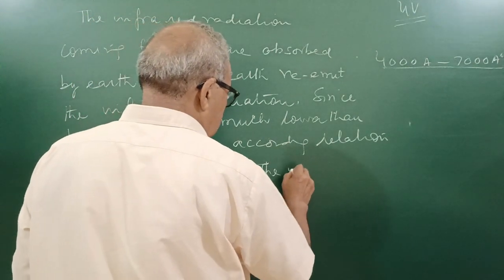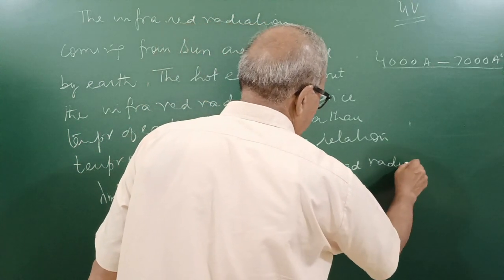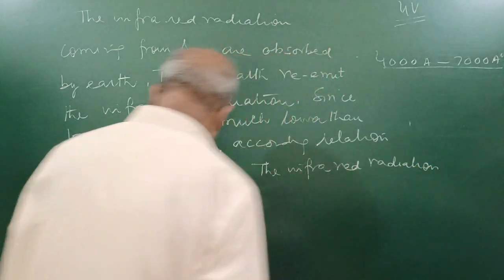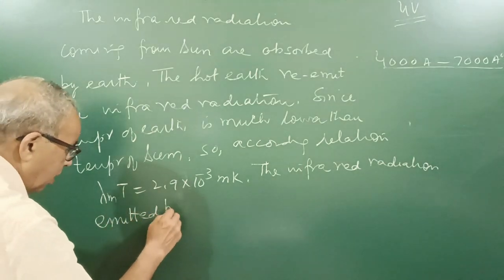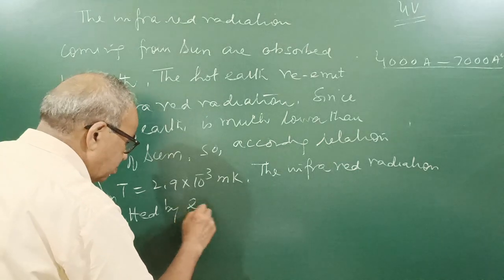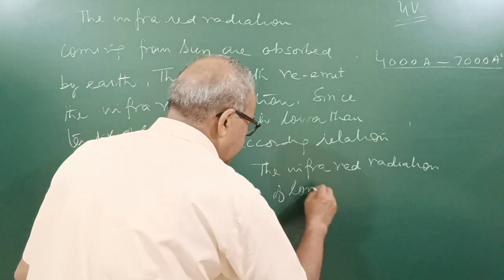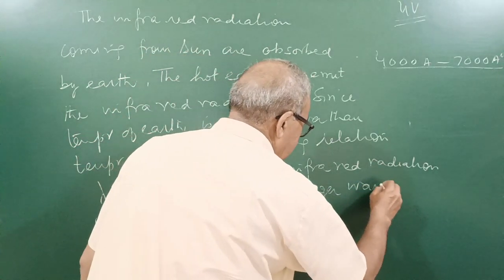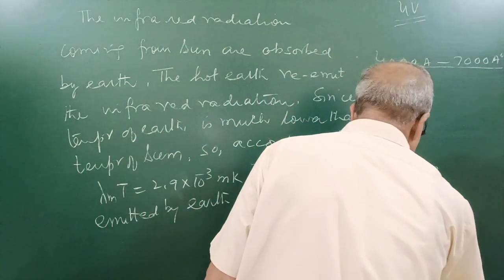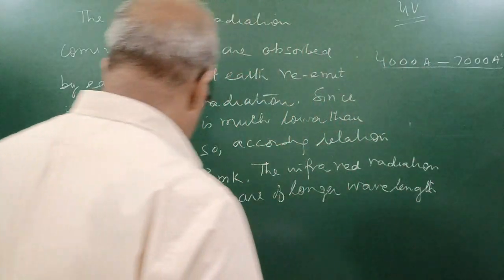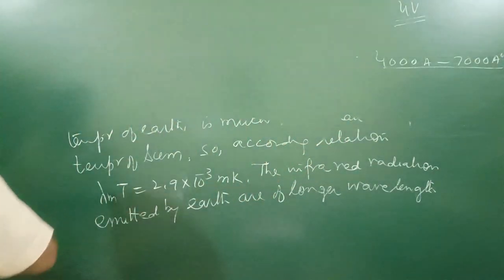the infrared radiations emitted by the Earth are of longer wavelength than the infrared coming from the Sun.